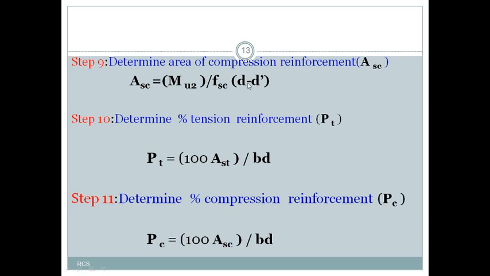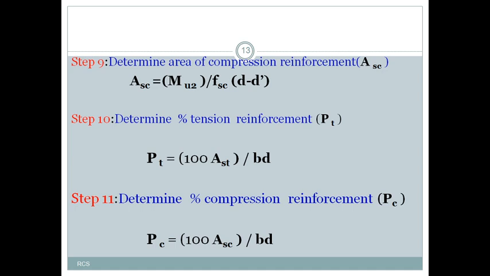Substituting those values in this formula, we calculate Asc. Now our design is over. Generally, design of a doubly reinforced beam means calculation of Asc and Ast, because here dimensions are restricted. The given dimensions should be provided, and with respect to them we design the area of compression and tension reinforcement.